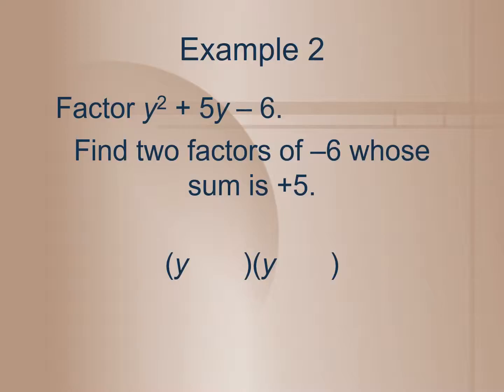We can do negative 6 and positive 1, but that's negative 5. We could do negative 1 and positive 6, and then that would give us positive 5. So 6 and negative 1 are the two factors of negative 6 whose sum is positive 5. So we're going to place that 6 and that negative 1 in these binomials. So we'll have y plus 6 and y minus 1.